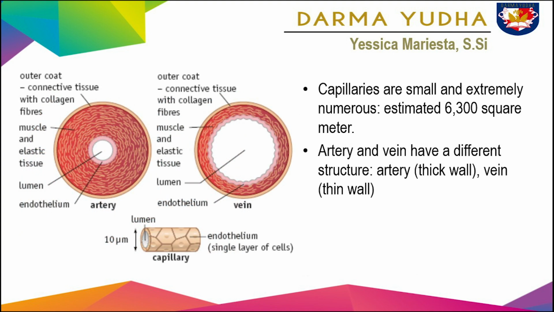So what you need to remember about the blood vessels is that capillaries are small and extremely numerous, with a total surface area estimated at about 6,300 square meters. And the arteries and veins have different structures. Arteries have a thick wall, while veins have a thin wall.